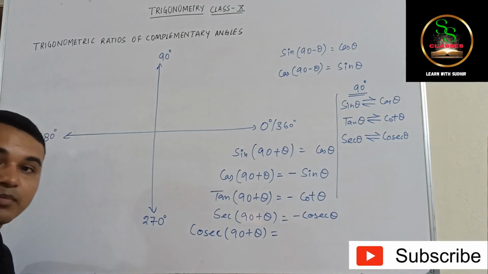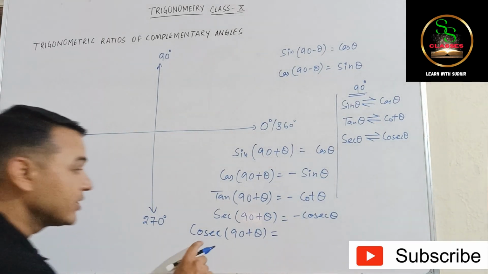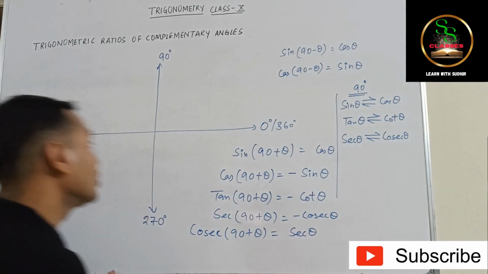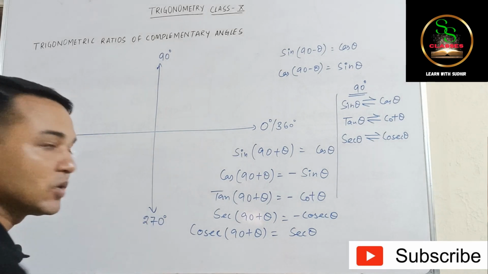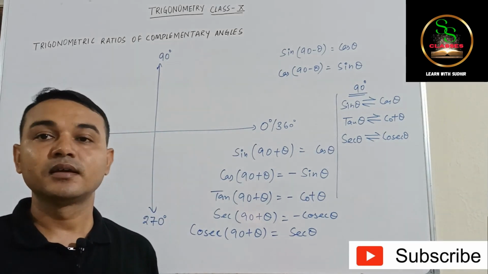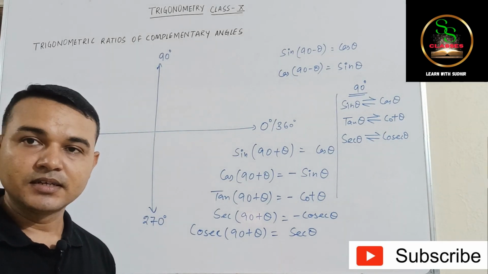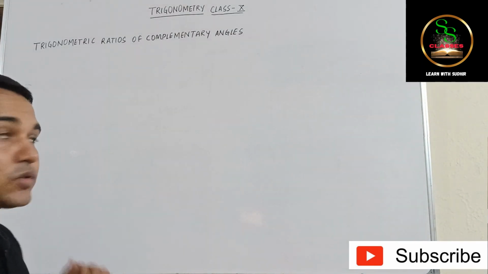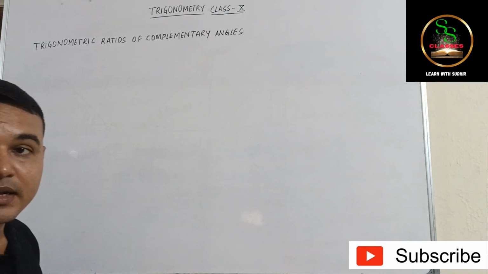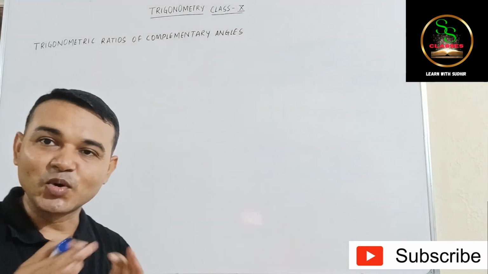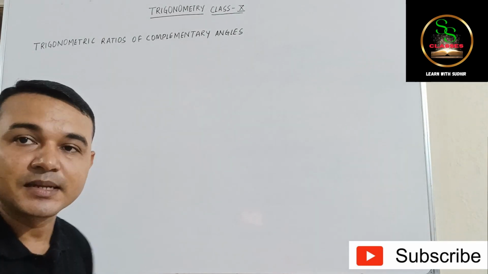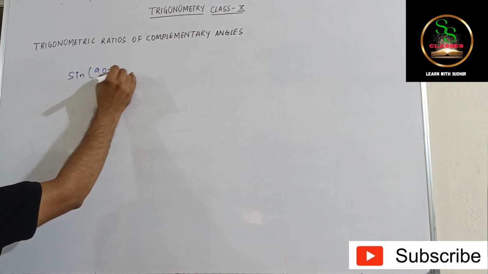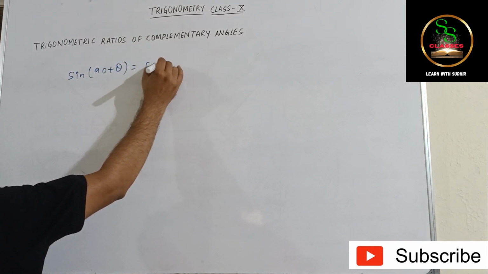Now if we are going to change cosec 90 plus theta, pause and comment quickly. It will become sec theta. Why? Because in the second quadrant cosec is positive, that is why it will be positive, right? I hope this is clear to you. So, dear students, now you know how all the ratios change for complementary angles. Similarly for 90 plus theta, sin 90 plus theta will become cos theta.